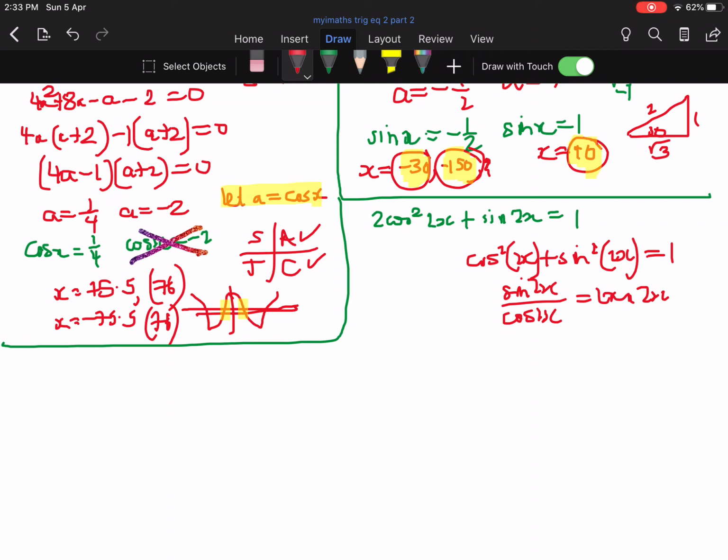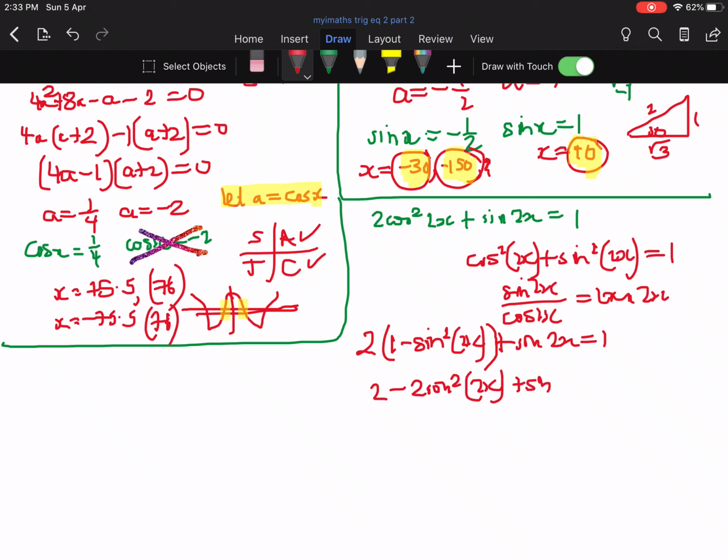So let's see, if I do 1 minus sine squared 2x plus sine 2x equals 1, then expand that out, that gives me 2 minus 2 sine squared 2x plus sine 2x equals 1.